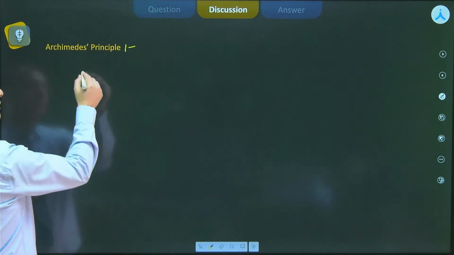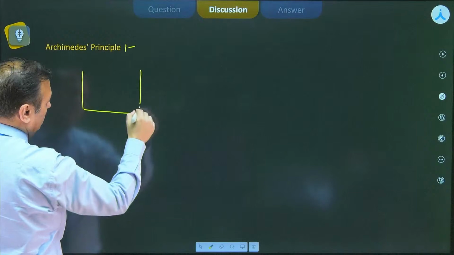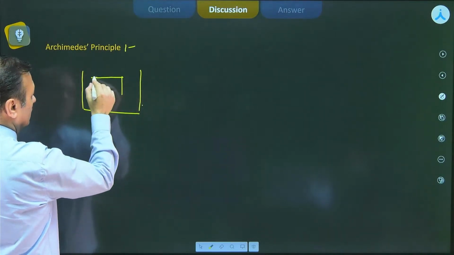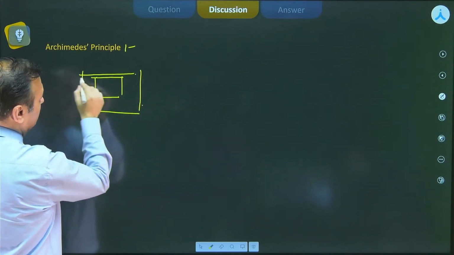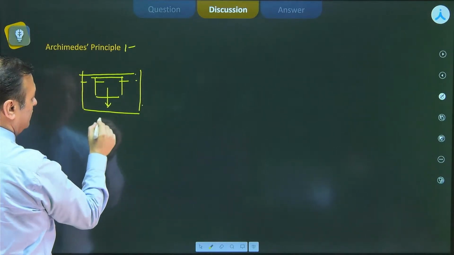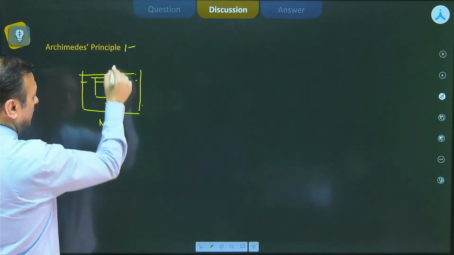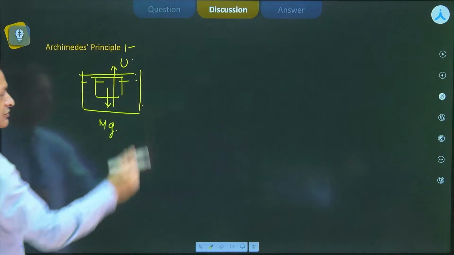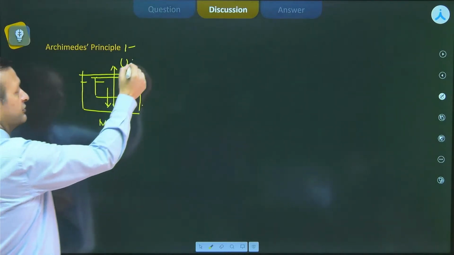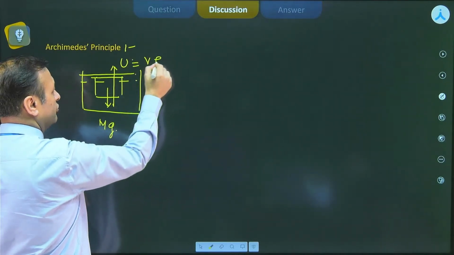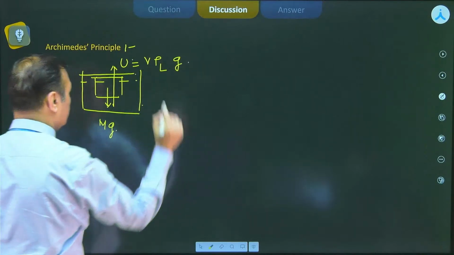So this is a body which is immersed in this liquid. Its weight is mg. It experiences an upthrust. Upthrust is volume of the body, density of the liquid into g.